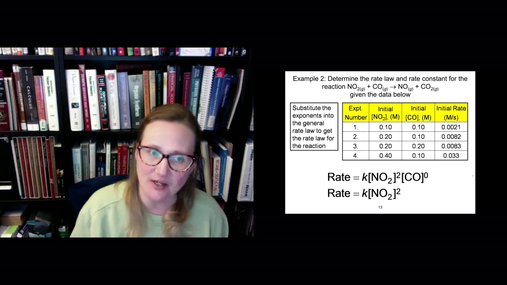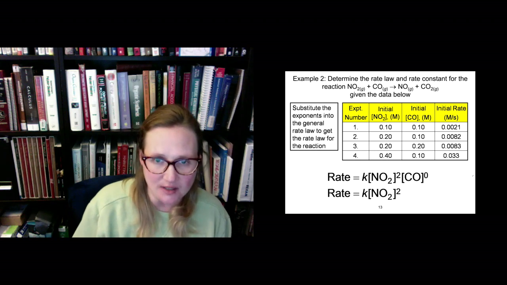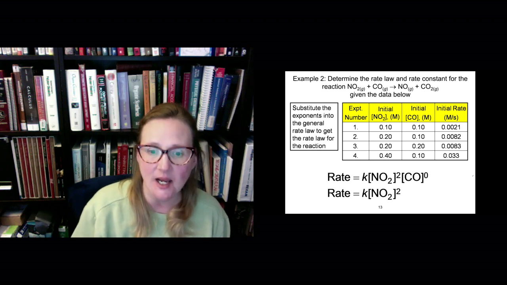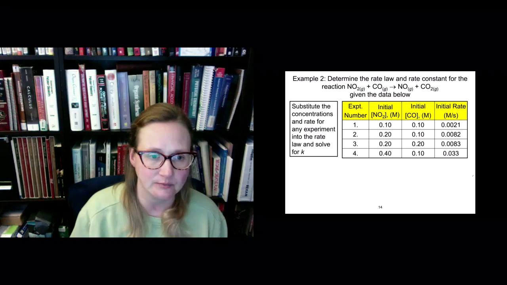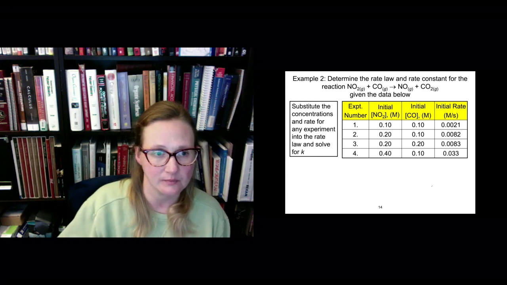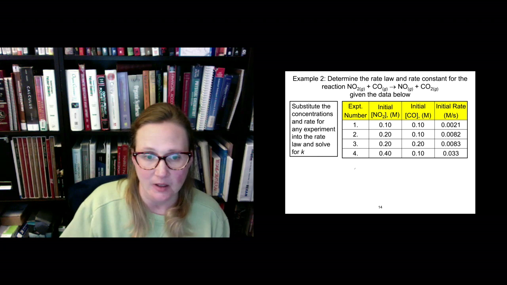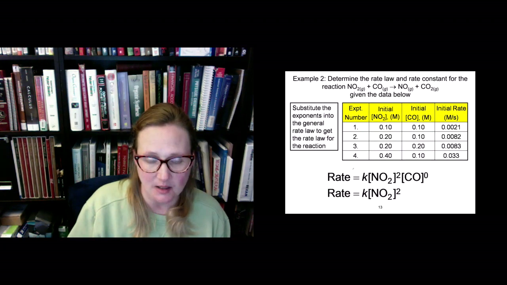All right, so now the next step is, now we want to solve for the rate constant. So we have the rate law. We can use the concentrations from the experiments and determine what the rate constant is. Okay, so remember that the rate is equal to k times NO2 squared.